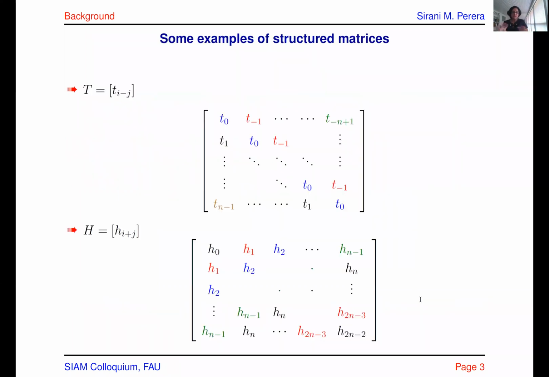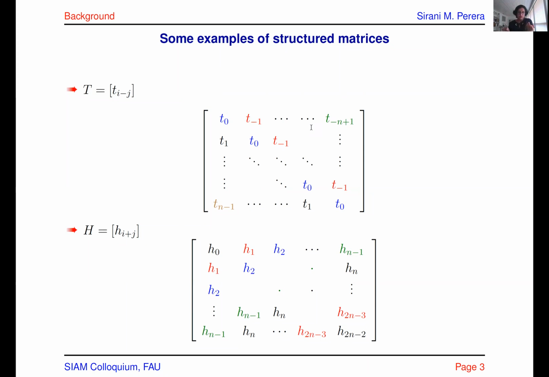So once you go down, there are two types of structured matrices. One is the moment type matrices. The other one is recurrence type matrices. In the moment type matrices, we have Toeplitz and Hankel matrices. The entries in these matrices can be described by specific moments.